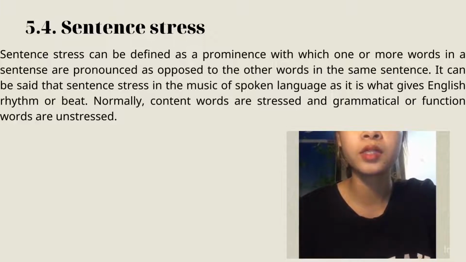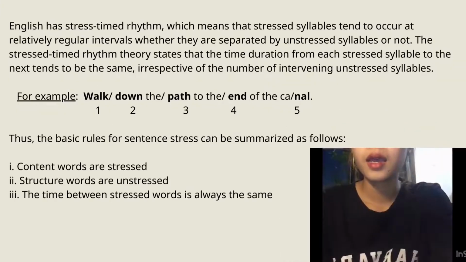Normally, content words are stressed and grammatical or function words are unstressed. English has stress-timed rhythm, which means the stressed syllables tend to occur at relatively regular intervals whether they are separated by unstressed syllables or not.